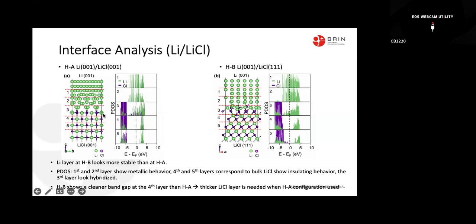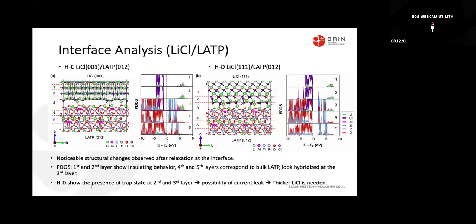The fourth and the fifth layers, representing lithium chloride, begin to show insulating behavior, especially in HB. HB also shows a cleaner band gap than HA. So from this, we can calculate at least the minimum thickness we need to provide in order to maintain the insulation.